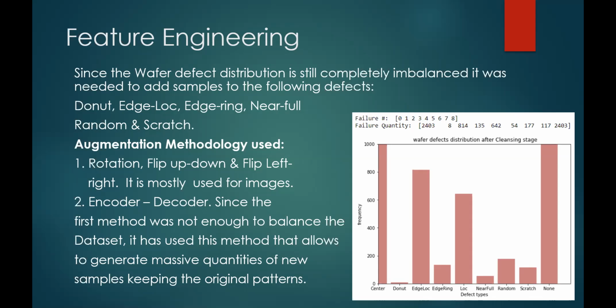First, rotation, flip up and down, and flip left to right, which are mostly used for images. And the second technique is the encoder-decoder. It used this method because it allows generating massive quantities of new samples, keeping the original patterns.